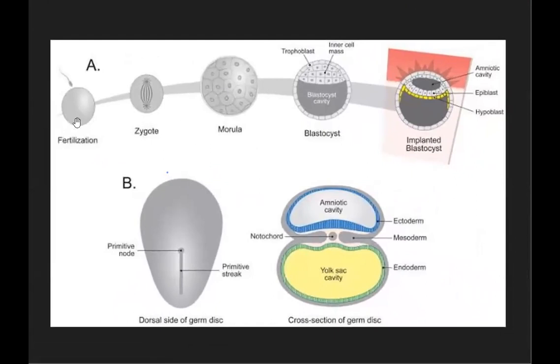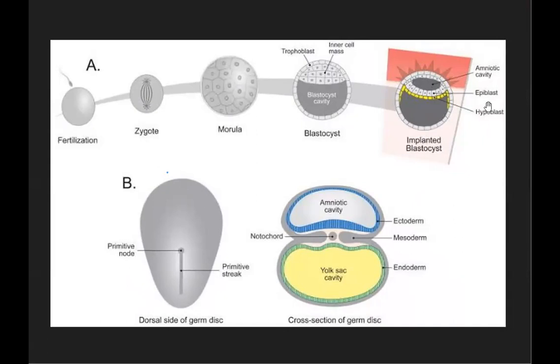Everyone knows these processes of fertilization and then how a zygote is formed. Then it is converted into a morula, a blastula. Then a blastocyst is formed because it has a cavity. And then when the implantation occurs in the myometrium, the cell divisions actually begin in the form of layers that leads to the formation of specific organs.